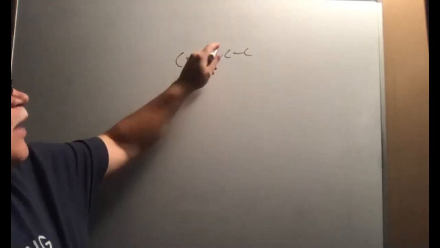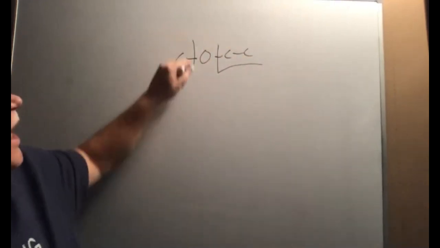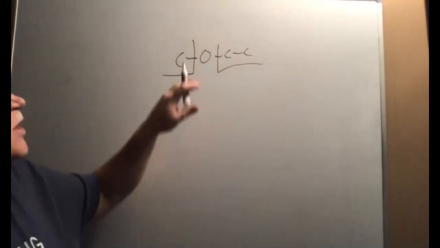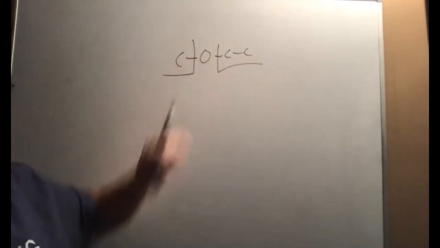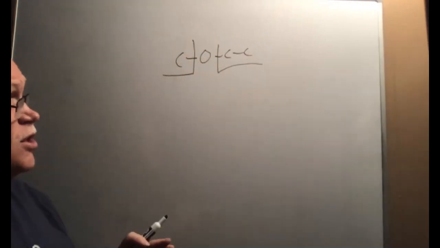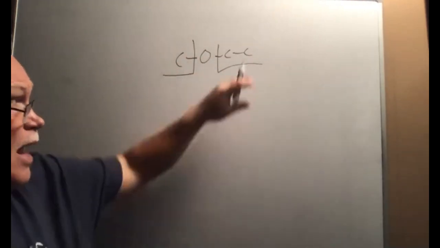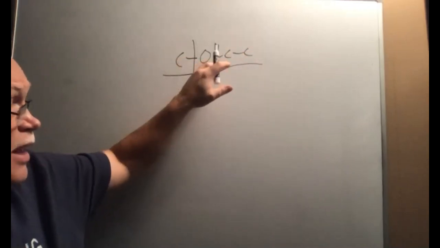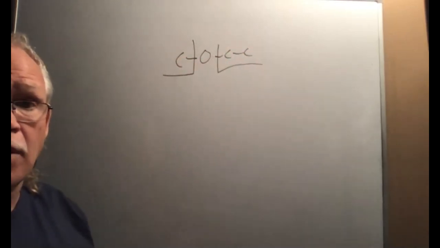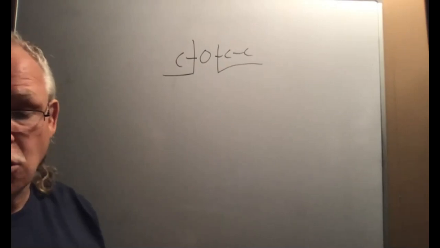So if I look at this, attached to the ether oxygen, notice I have an ethyl group and a methyl group. So we would just simply name this compound ethyl methyl ether. Okay, that's all there is to it.